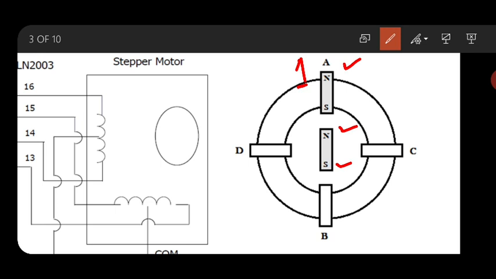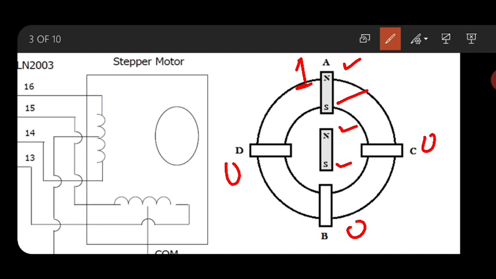Now when this is a 1, and this is 0, 0, 0, right? When this is 1 here, I hope you can see this is the S pole, this is the north pole. Immediately what will happen here? N and S will attract.